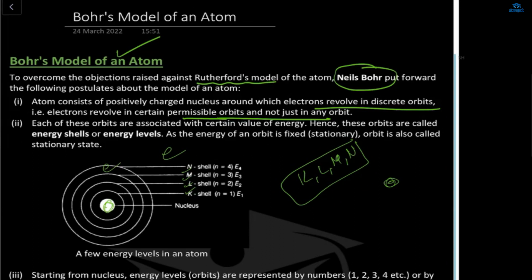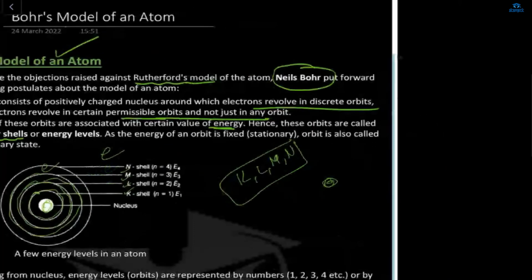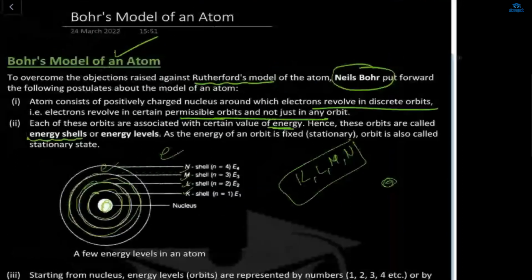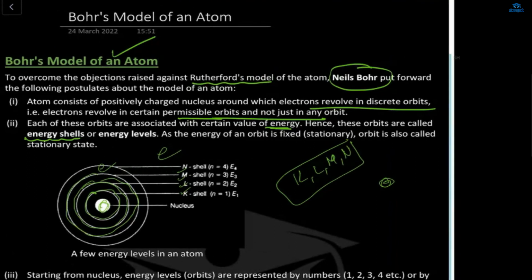Each of the orbits is associated with some value of energy. Each orbit will have a certain amount of energy. Hence these orbits are known as energy shells. Now what is an energy shell? Each orbit has some amount of energy, and that energy of the orbit is known as energy shell or energy levels.